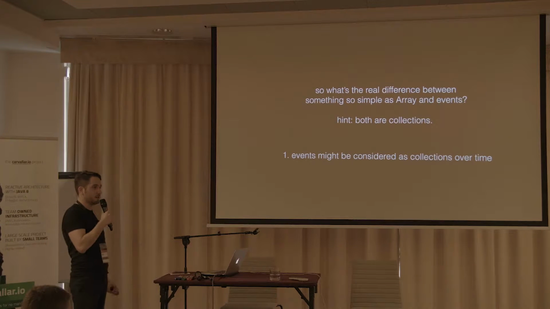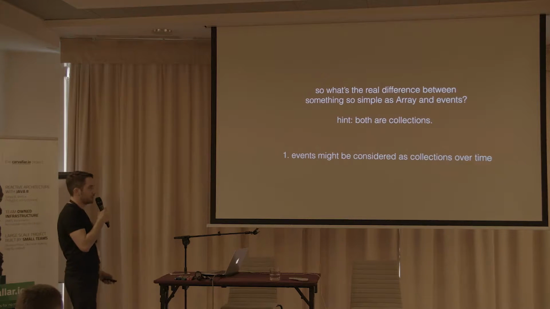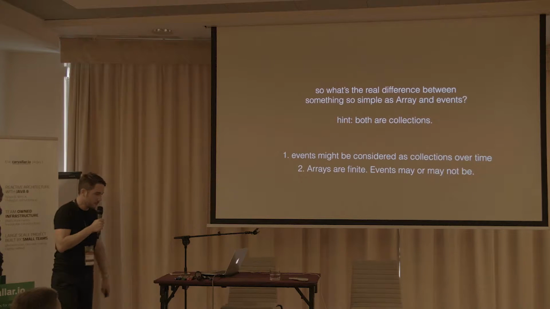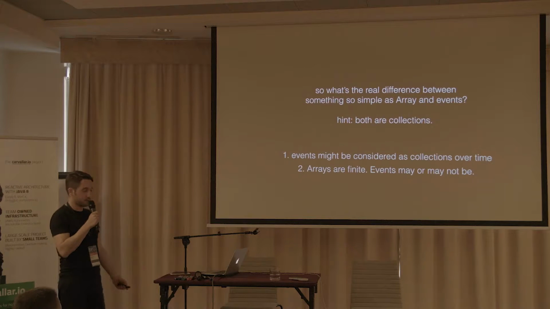It's not finite. It has some beginning, but it has no end. I mean, it can have an end, but it's not necessary. Arrays are always finite. They are synchronous, at least on the front end in the JavaScript world. Events may or may not be.